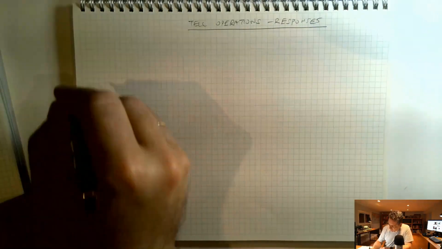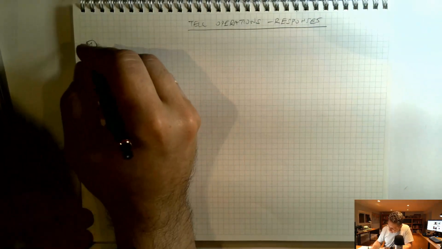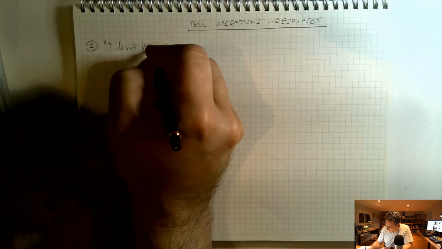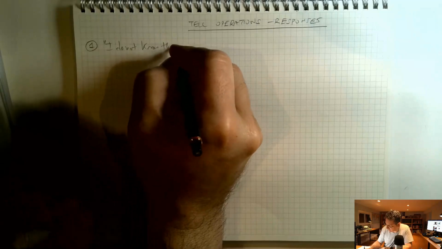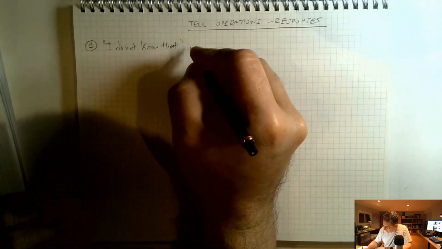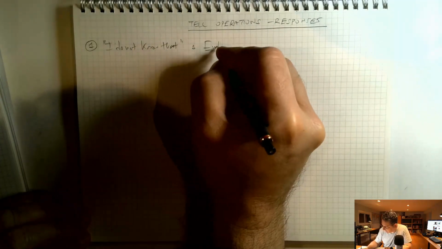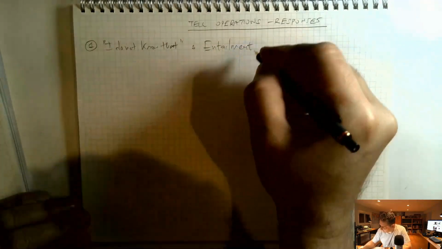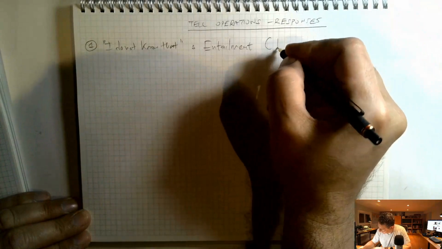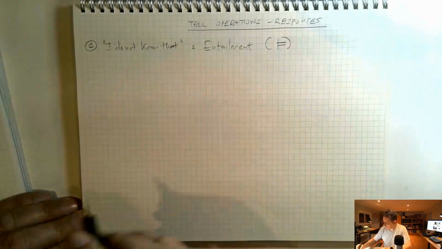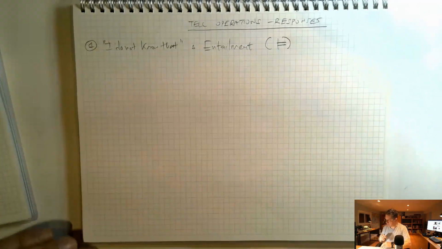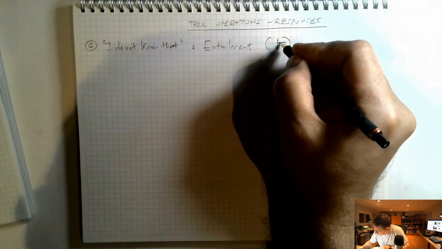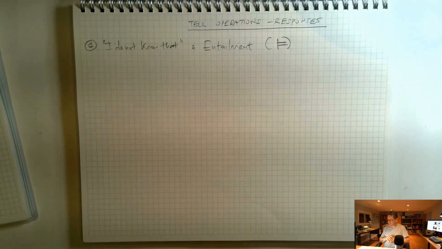The first one I want to cover is, I knew that, and this is what we call formally the entailment. It uses a symbol that looks like a kind of hammer.